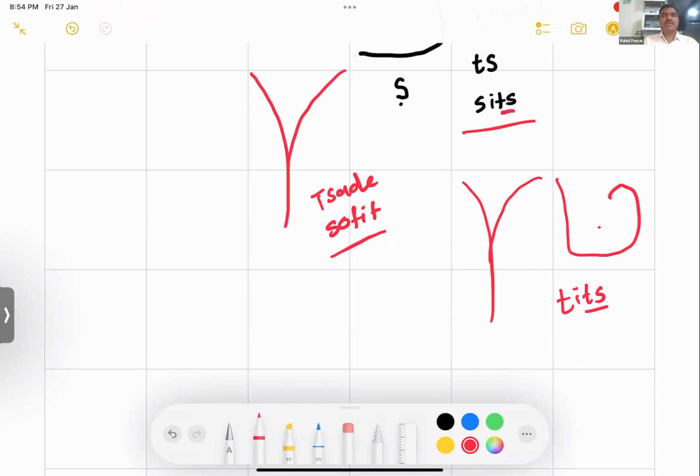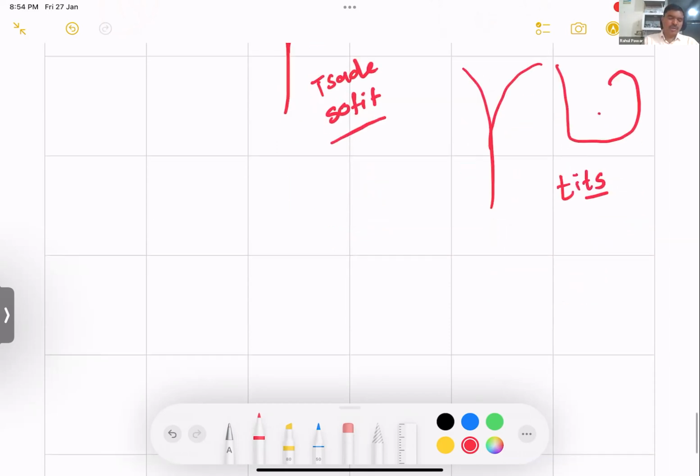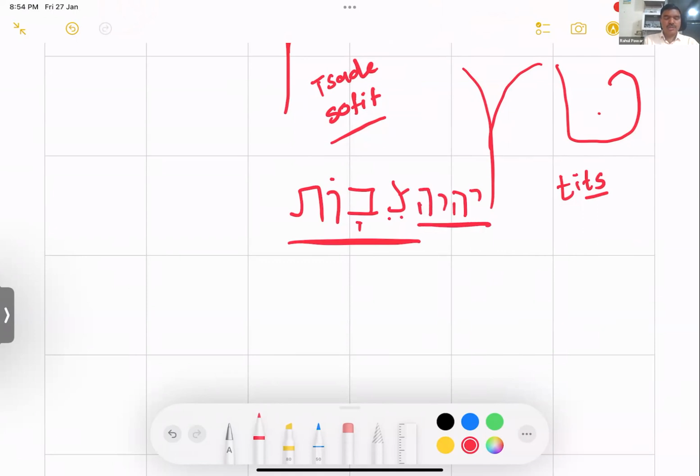But when I start with the spelling Tsevaot, I will write it just to show you. Now this Yod He Vav He means Yahweh, Yahweh Tsevaot. This spelling Tsevaot starts with Tsade, so here you will find an S sound.